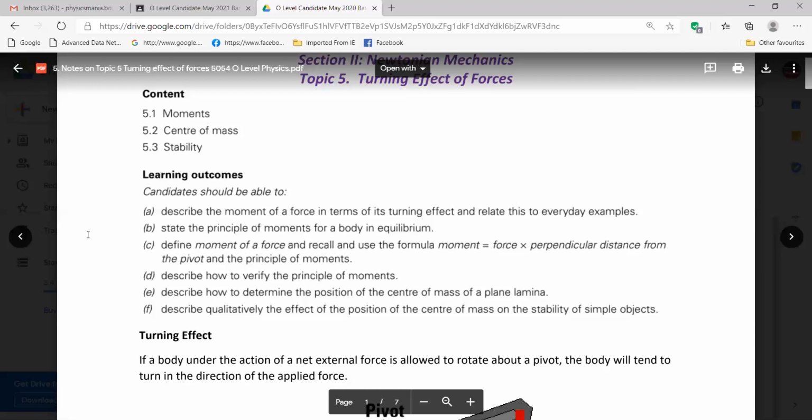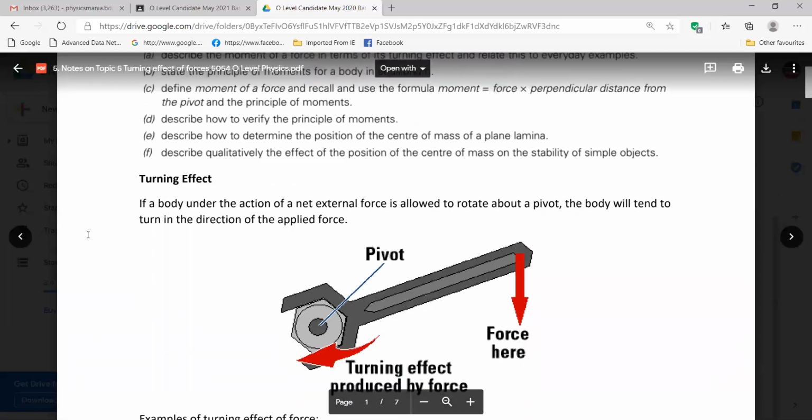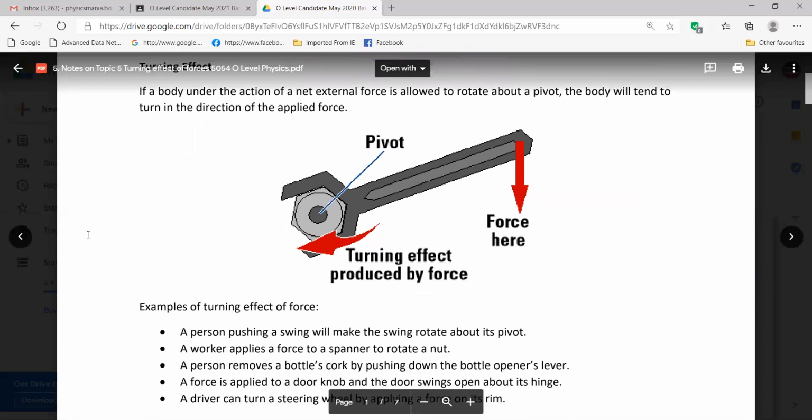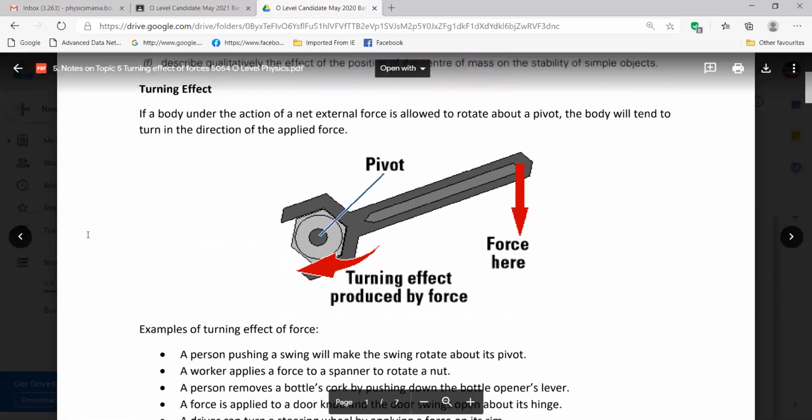Yes. Now we will discuss all these things from the notes. I just gave you a brief idea of the learning outcomes, the overall idea. We have here the turning effect, right? Here we are pressing the handle of the spanner.